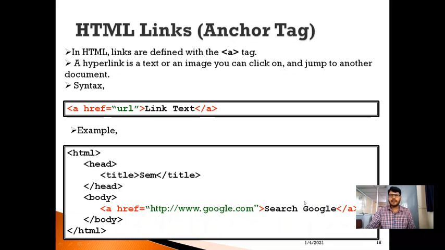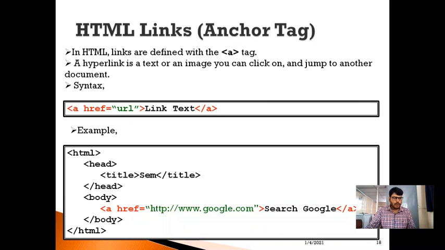For this particular text, I want to provide a hyperlink. At that time, I need to include this text within the anchor tag. To specify the web URL, we need to use the href attribute here, and specify the URL value in this position, so that it will create a hyperlink for this text. Let us see a quick demonstration of how we can implement HTML links by using the anchor tag.